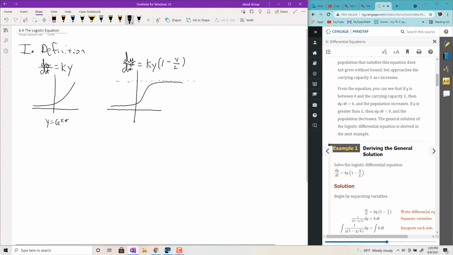Okay, so in the end, if we solve that differential equation, which I'm going to show you how to in a sec, you'll end up with y equaling a more complicated formula, L all over 1 plus b e to the negative kt. All right, so L is going to be our carrying capacity.